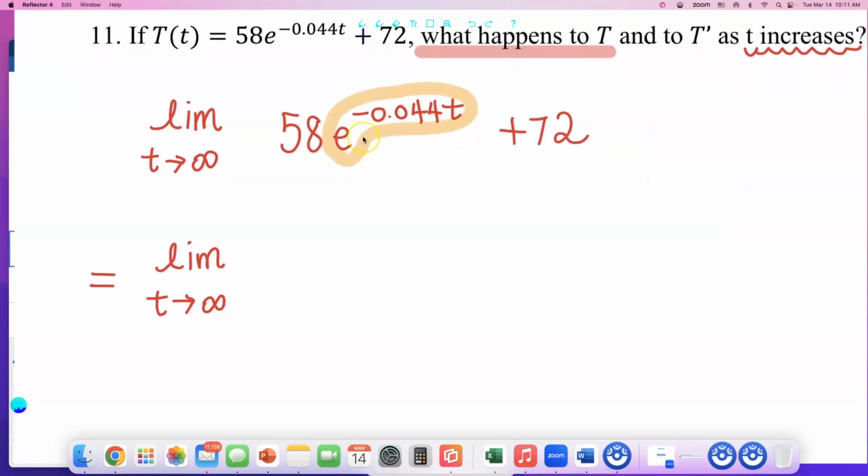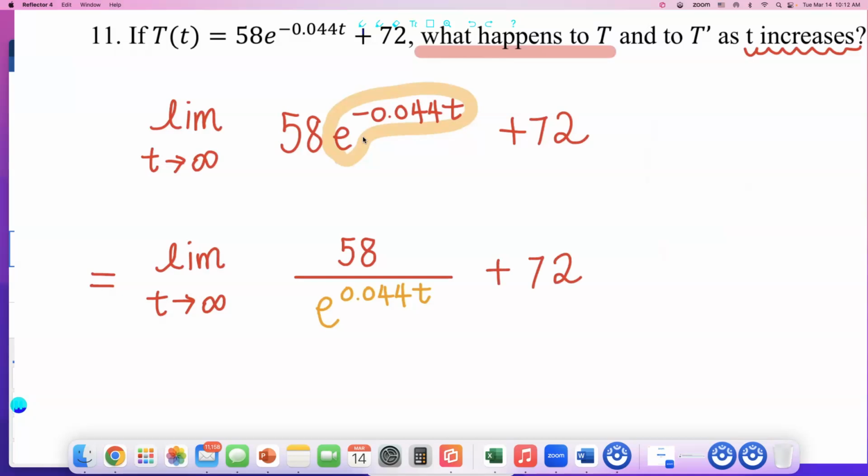So I'm going to rewrite it so that we have 58 on top of the fraction. And that term with the negative exponent, I'm going to send it to the bottom of the fraction, but change that exponent to positive this time, okay? Nothing is changing to this plus 72, just still there.